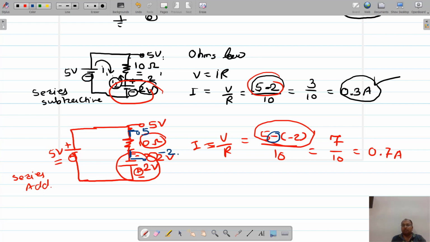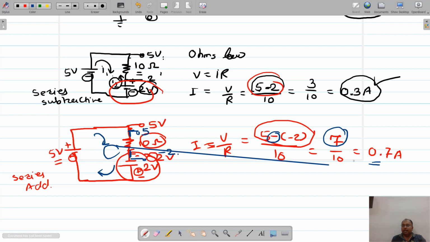Because of that it has become plus 7, and the current flowing through that particular 10 ohm is also flowing in this direction, and this current is also going to flow in this direction. So this total current is going to increase, right? And we have found it out, or we have proved it, in a mathematical manner. Is that fine? Okay, so this I wanted to discuss first.